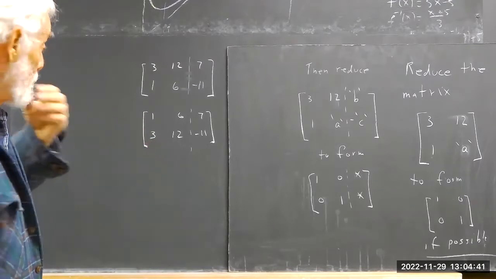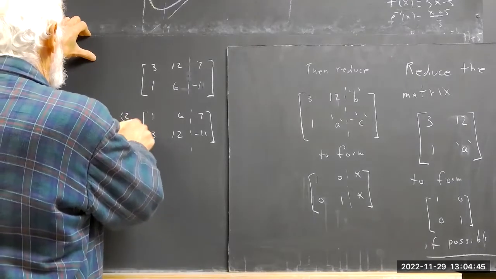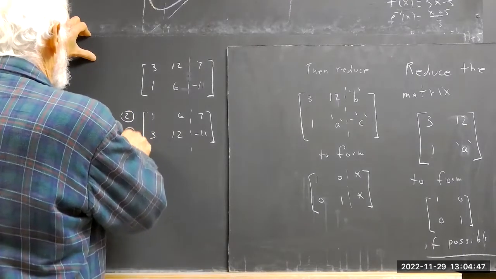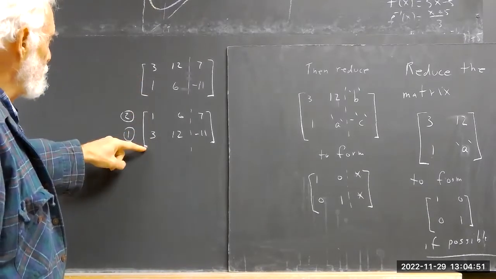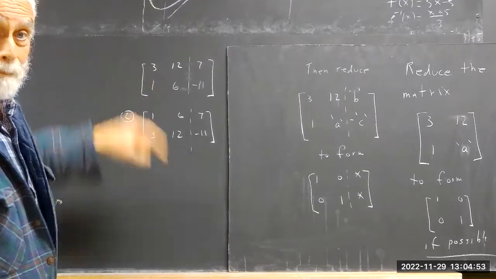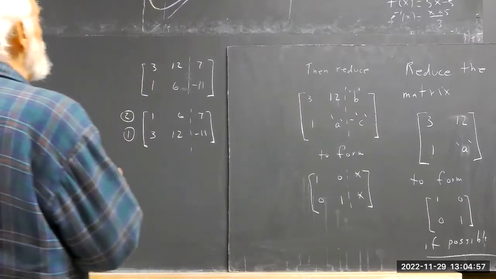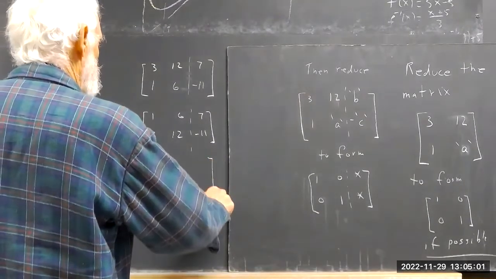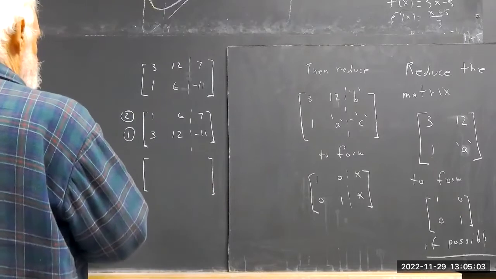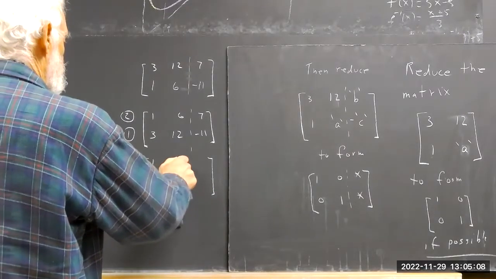Okay. So first of all, keep track of what I've done. This is my old row 2, and this is my old row 1. And row 2 is just the way I want it at this stage.